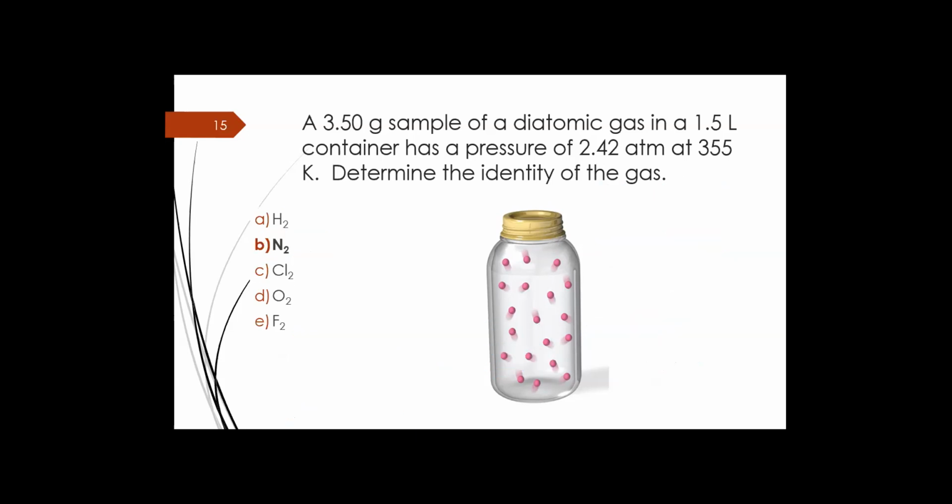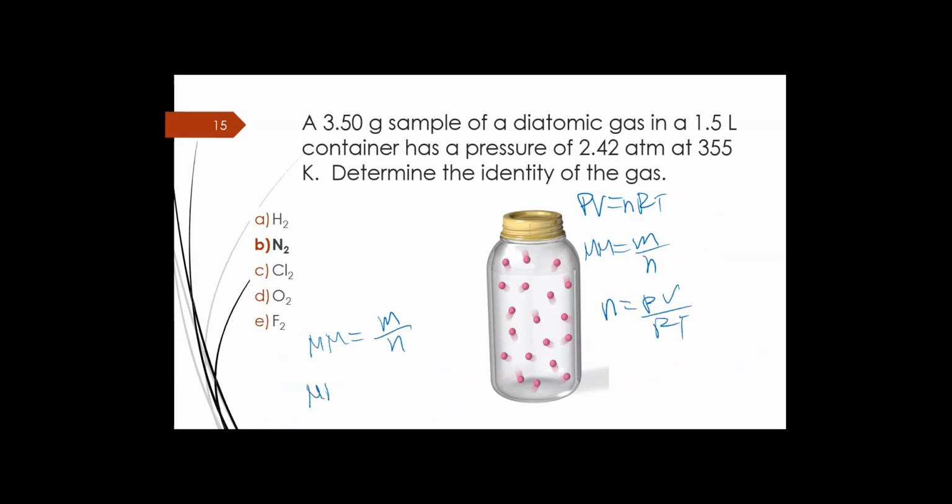Now, another way is that you can turn the ideal gas law, PV equals nRT, to be looking at molar mass. By using molar mass is equal to mass divided by N, we can take our N is equal to PV over RT.